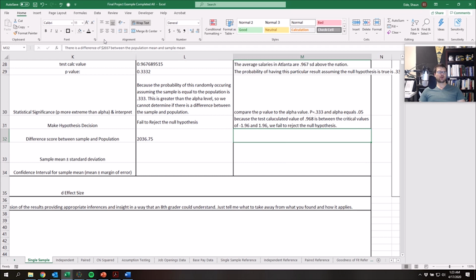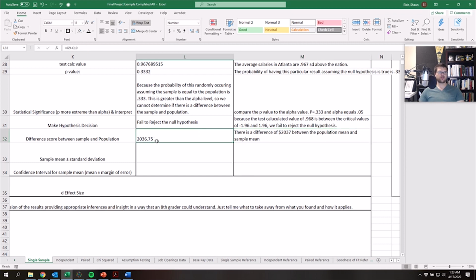Then the difference score. Basically, we want to know where this difference is. Okay, and there is a difference between the sample and the population of the average sample of $2,036.75. But even though there is that difference, it's still not statistically significant.